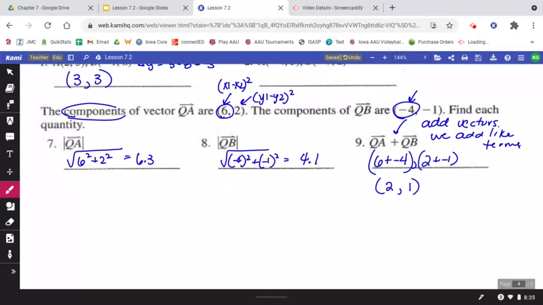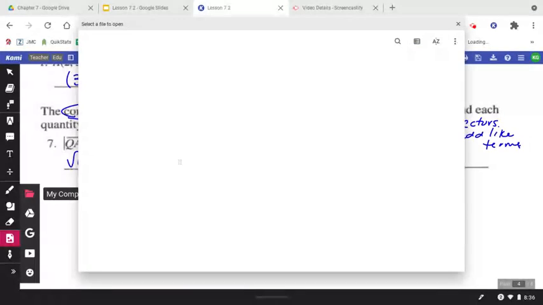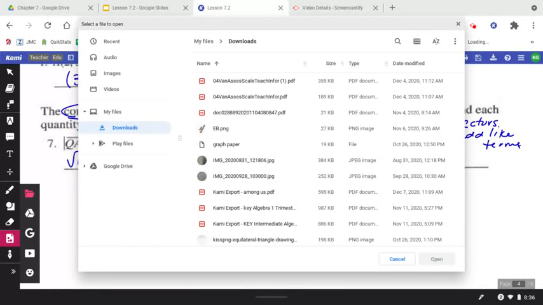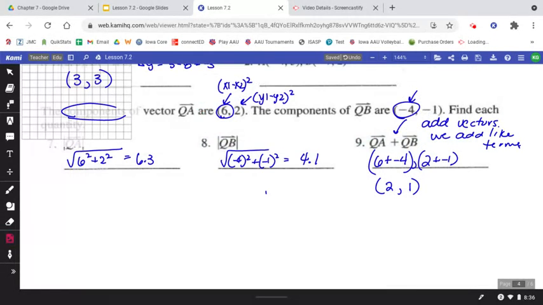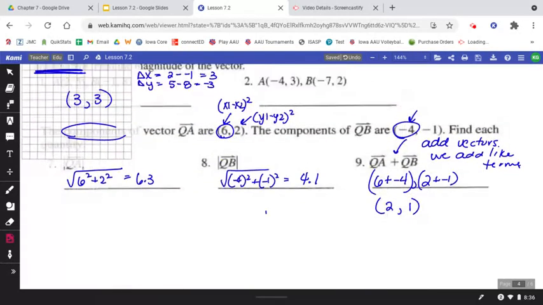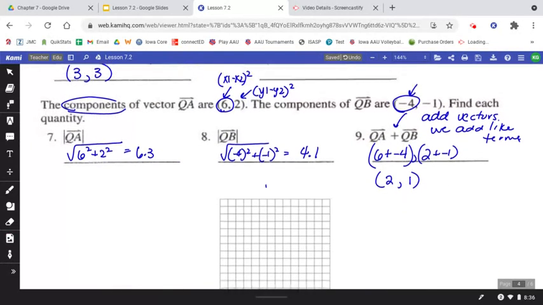So basically what that's saying is, let's see if I can remember how to add on a graph. Graph paper. Okay.